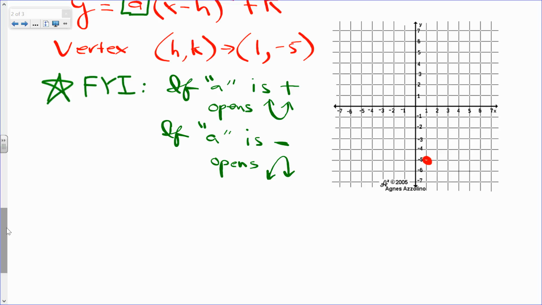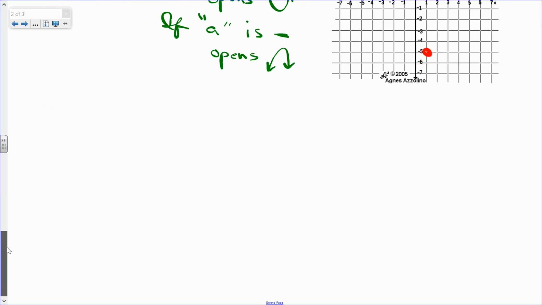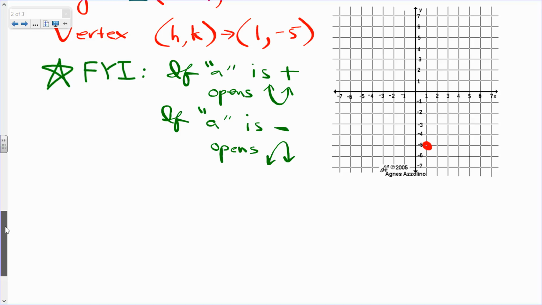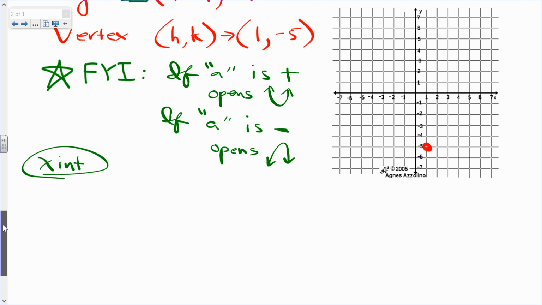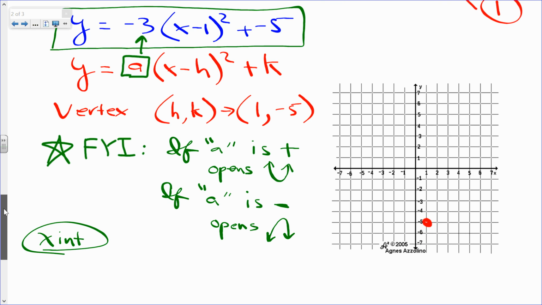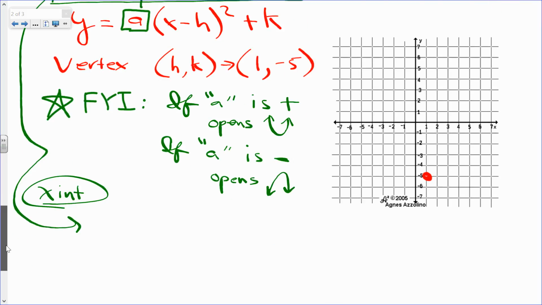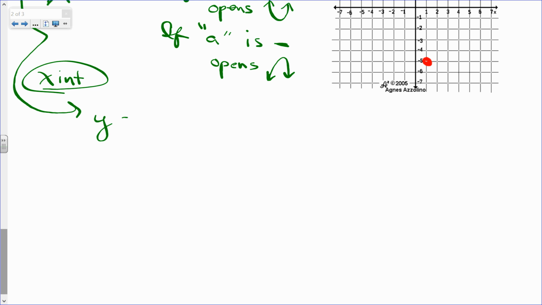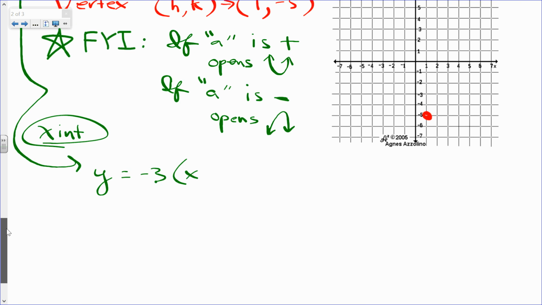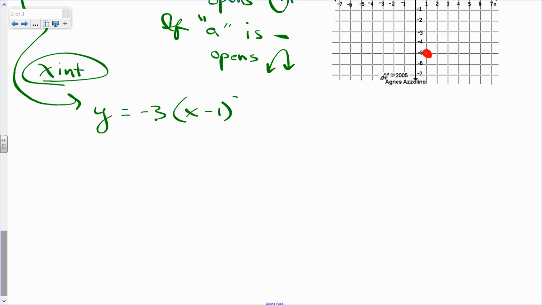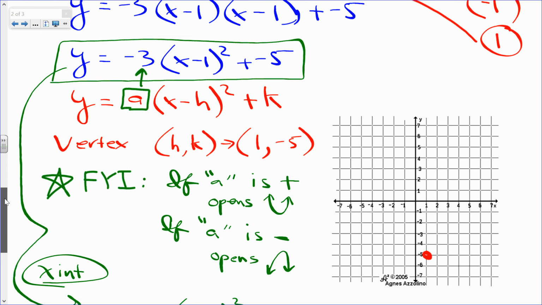Watch. So let's find our x-intercepts. Remember, the x-intercepts, just like warm-up, we reviewed that. The y is always 0. So let me rewrite the equation coming down over here. So y equals negative 3 times x minus 1 squared plus negative 5.